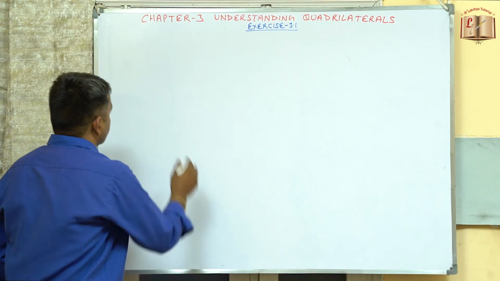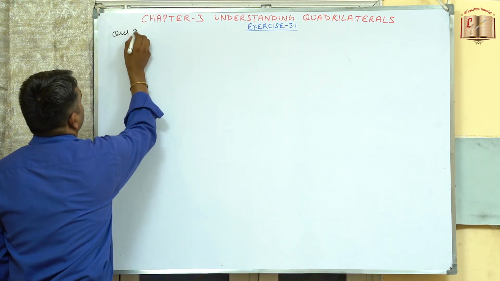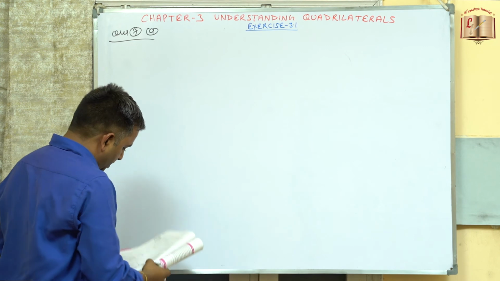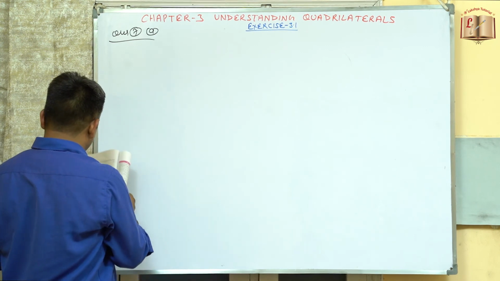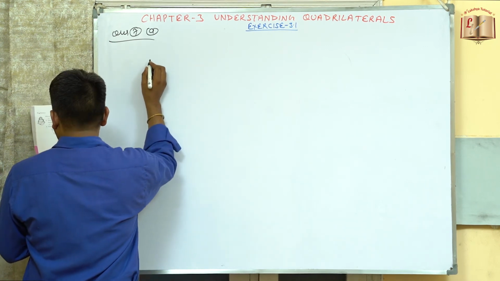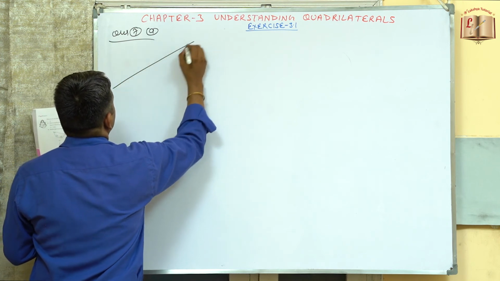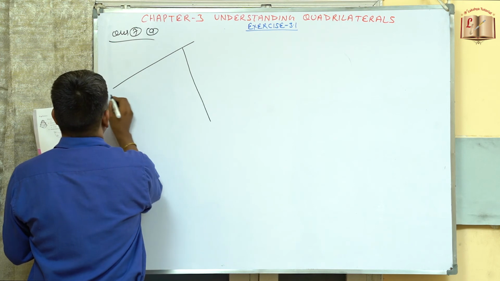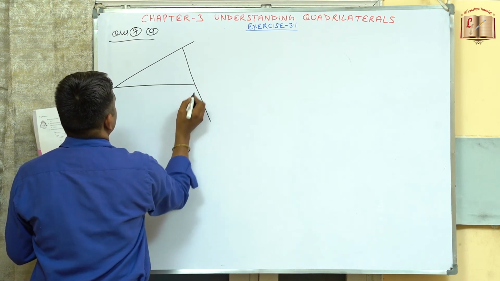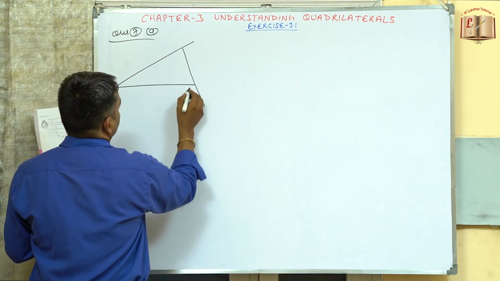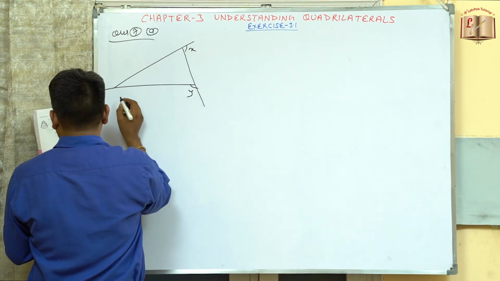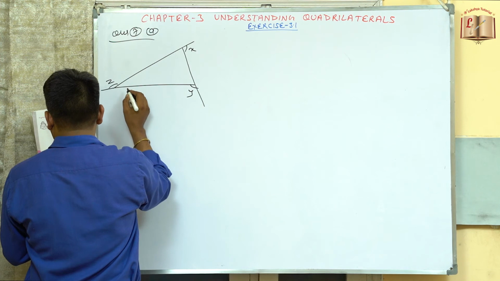So now coming to question number 7. 7th A part, we need to find out x plus y plus z. So here it is y, x and z.